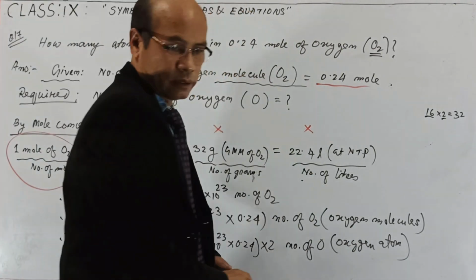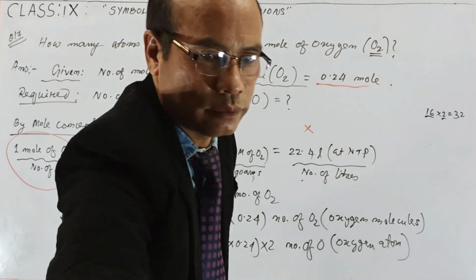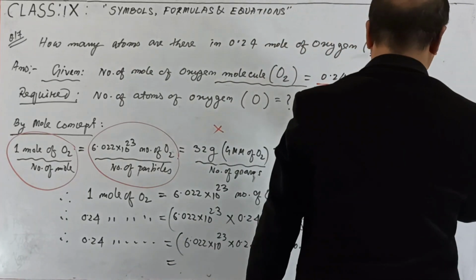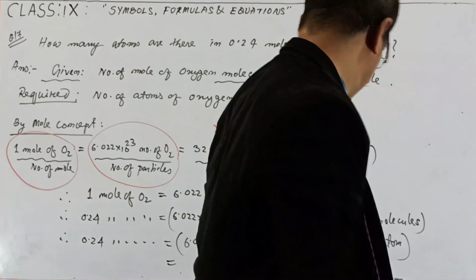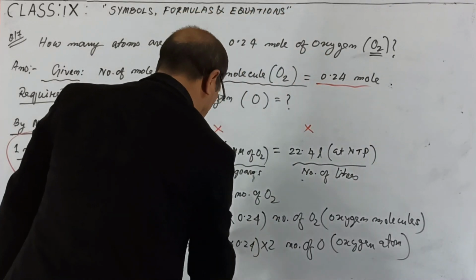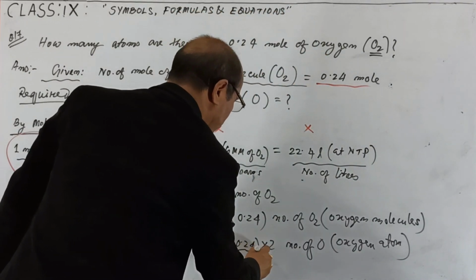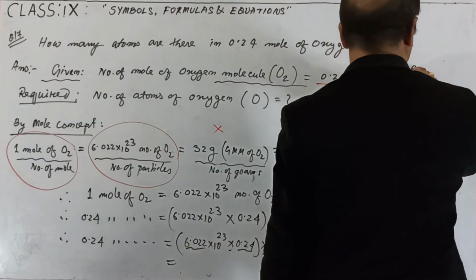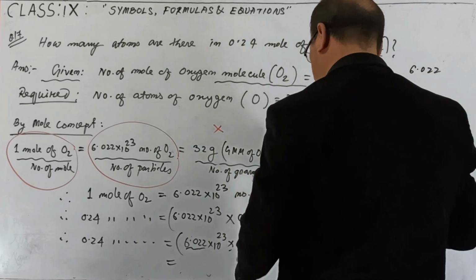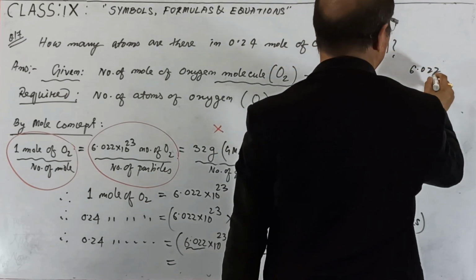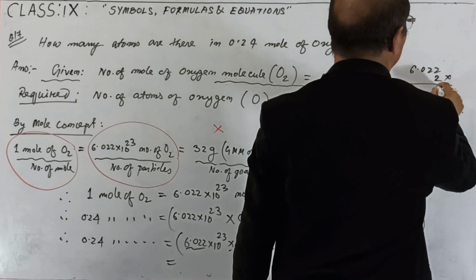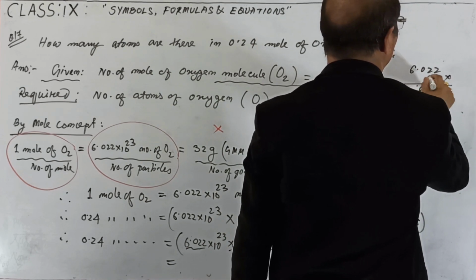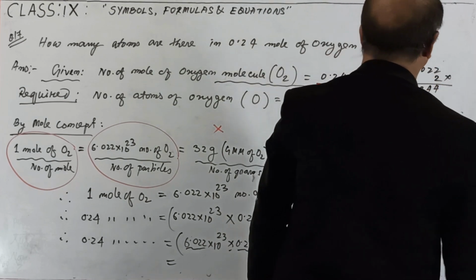You can calculate it here like this. You multiply this number and this number. 6.022: first you multiply by 2, which gives 12.044.